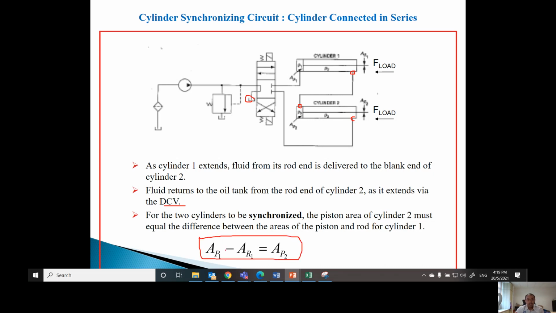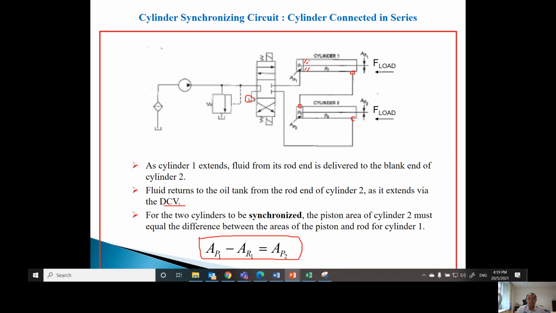which is the area of piston 2 must equal the area of piston 1 minus the area of rod 1. You can see that this connection, piston 2 is connected to this side, which is AP1 minus AR1.